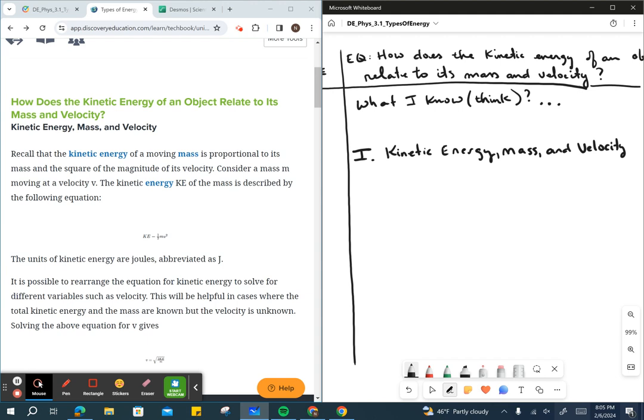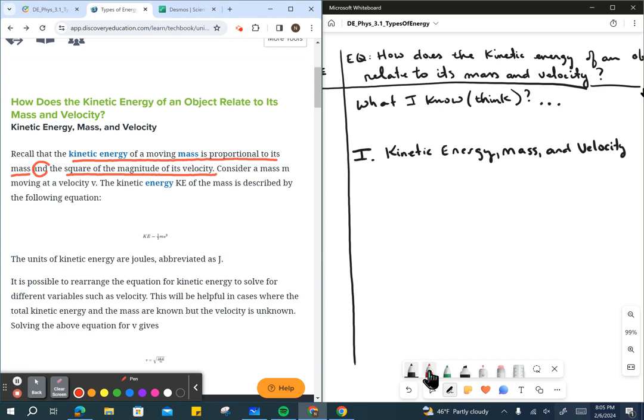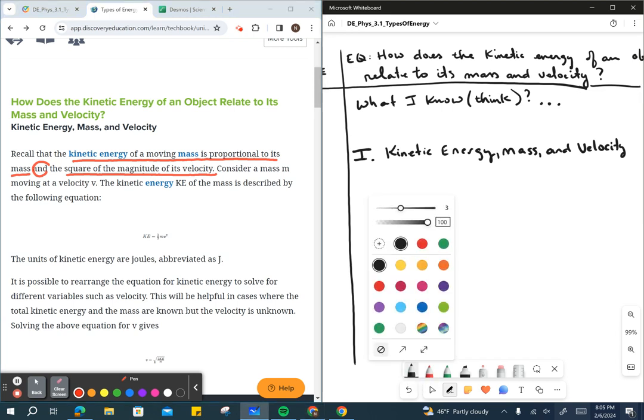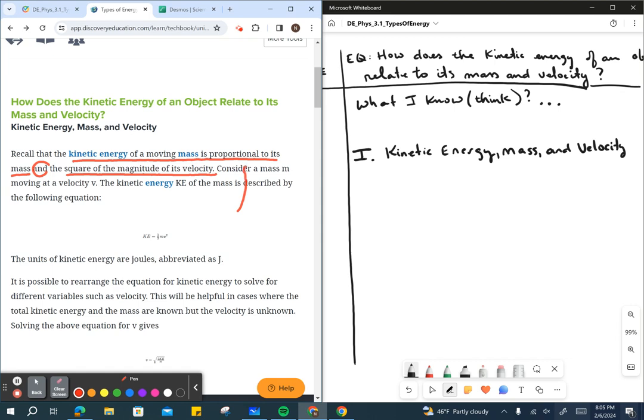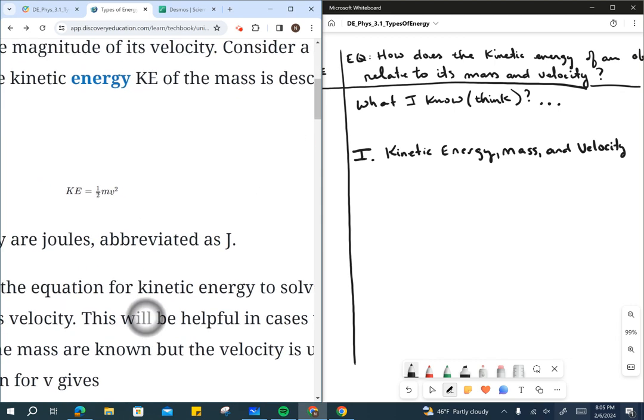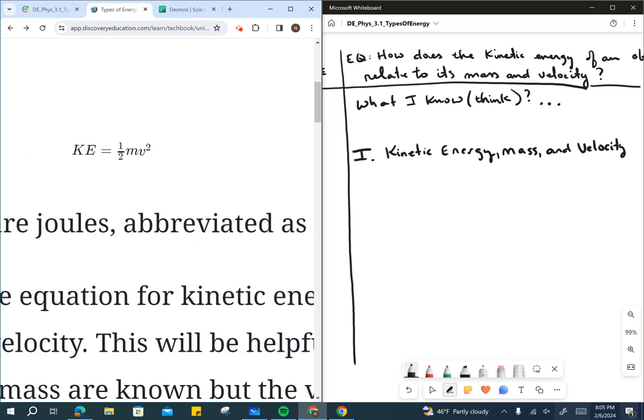If we take a look here, recall that kinetic energy of a moving mass is proportional to its mass, and it's proportional to the square of its velocity, right? Magnitude means the strength. If we were to write this out as an equation, we'll take this equation right here because they provide it for us.